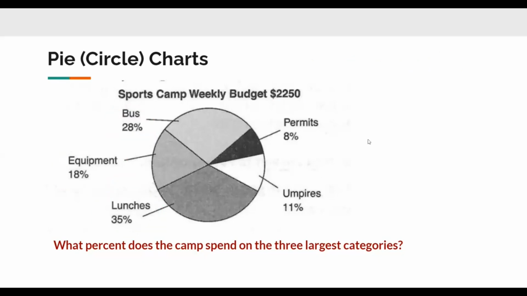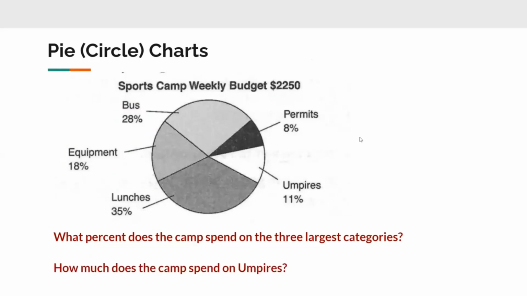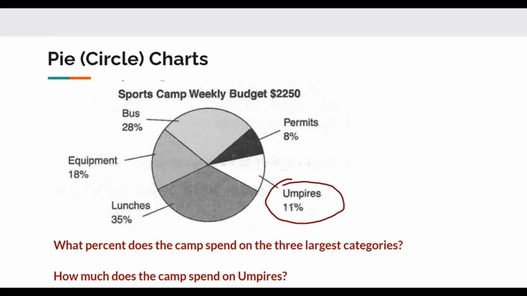Let's take a look at another question that we could ask about the same chart. How much does the camp spend on umpires? Well, down here, it tells us that we spend 11% on umpires, and it's 11% of this amount. So using our percent shortcut, 11% of 2,250. We convert 11% to a decimal.